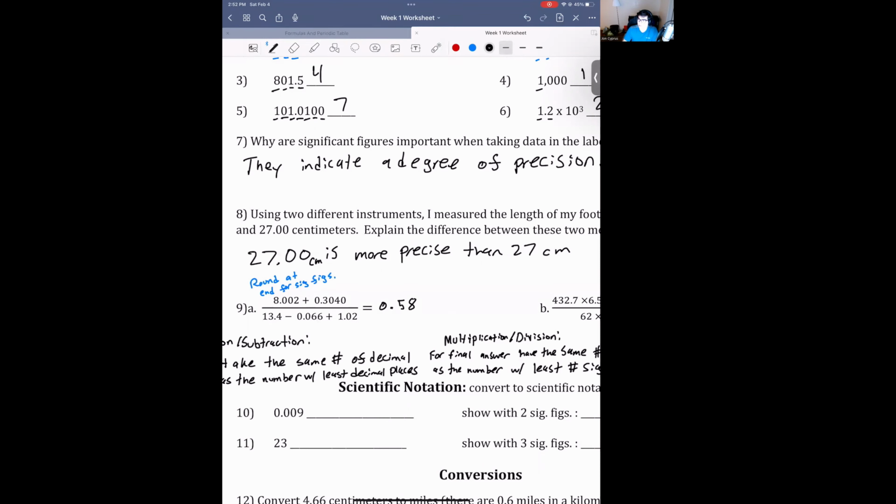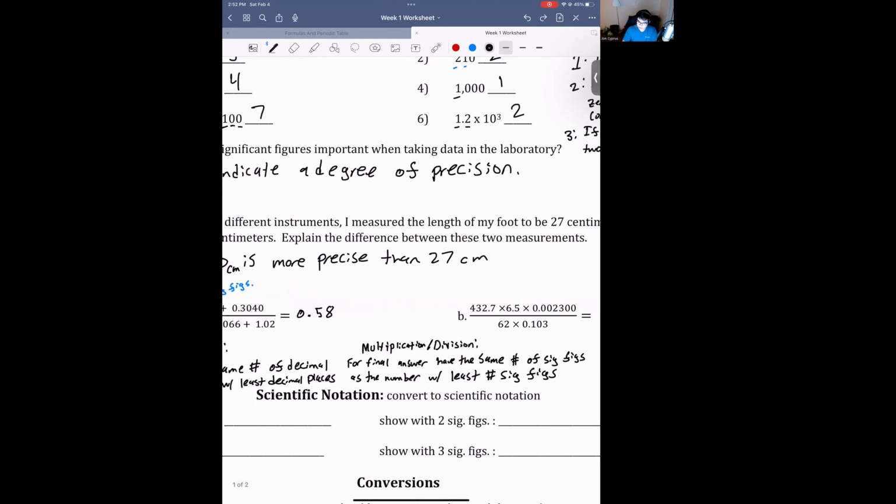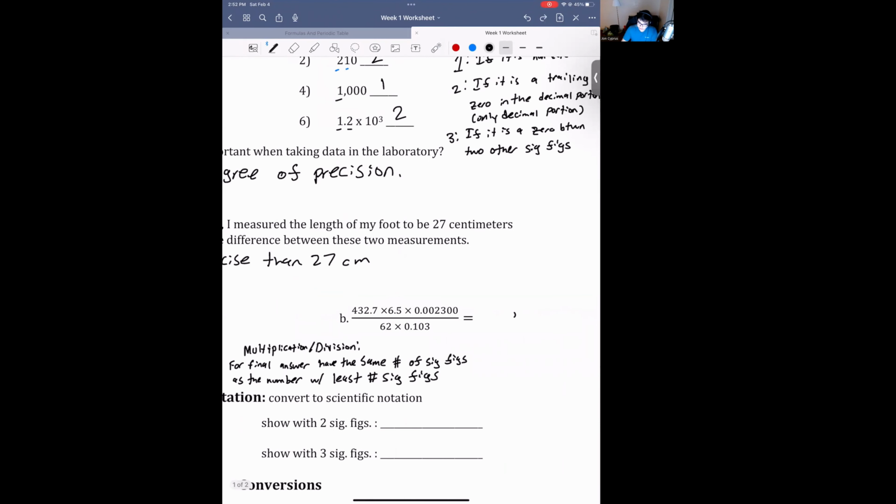Again, we're basing this on the least number of sig figs because we're doing this division at the end. Over here, we're going to be doing the same thing. Now, this is all multiplication or division, so I'm going to just count the one with the least number of sig figs. This first one, you have 4 sig figs.